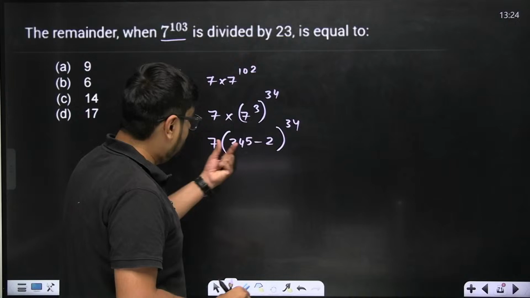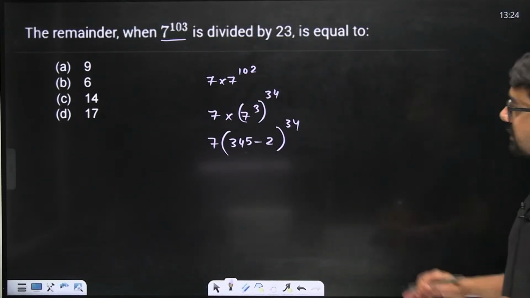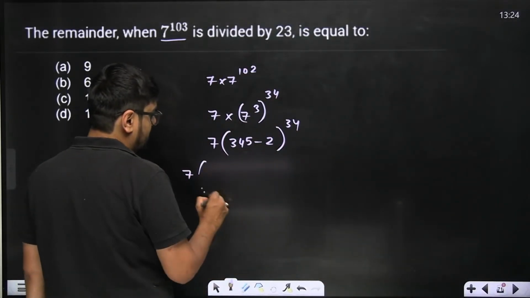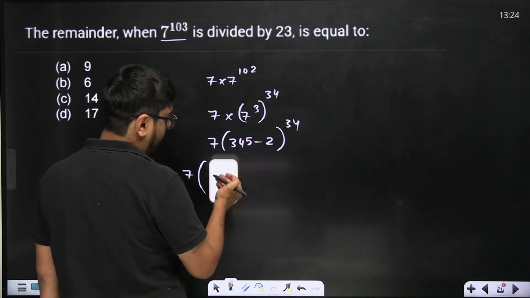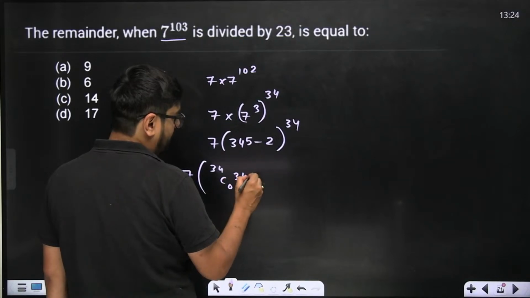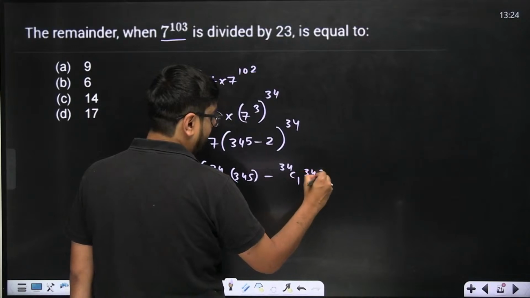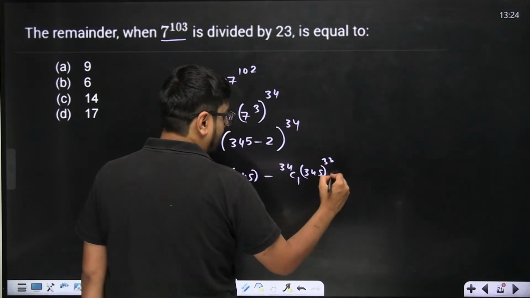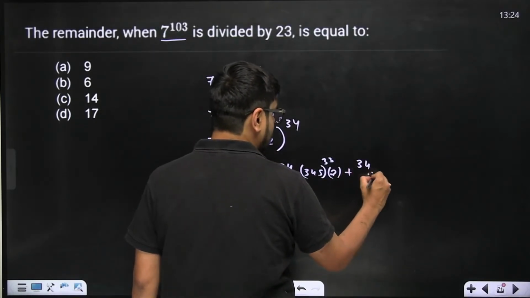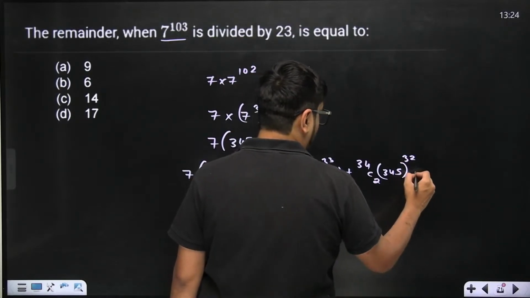I'll try to write it like this. Now 345 is a multiple of 23. So 345 is divisible by 23. Then many of the terms of this expansion will be divisible by 23. So 7 multiplied with 34C0, 345 to the power 34, minus 34C1, 345 to the power 33, and 2 to the power 1, plus 34C2, 345 to the power of 32, 2 to the power of 2.